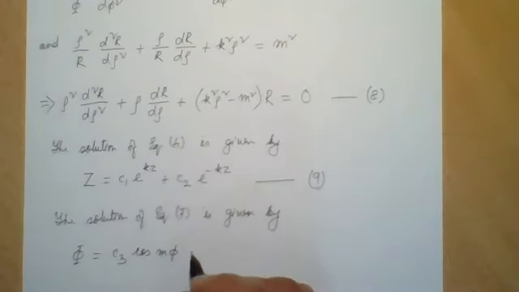This is the third ordinary differential equation. To solve this, let us substitute k rho as x, and this will become our Bessel equation. Let me write it here.